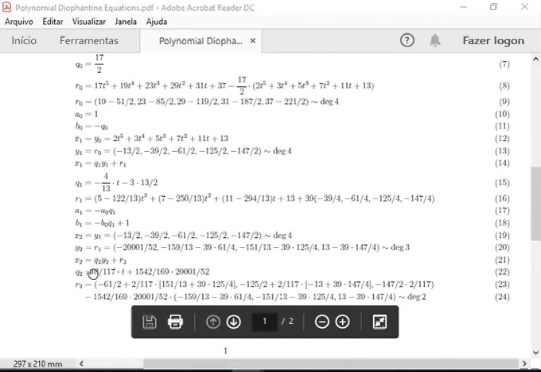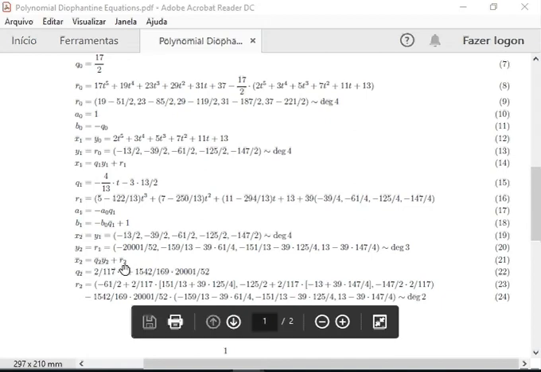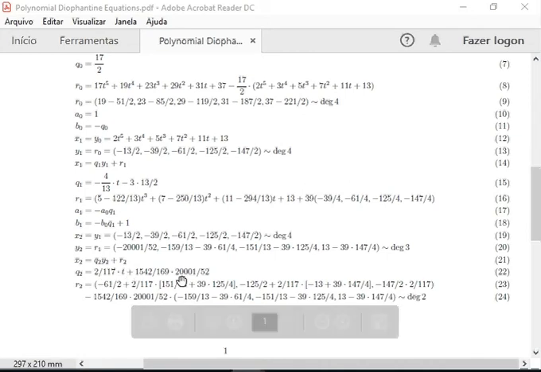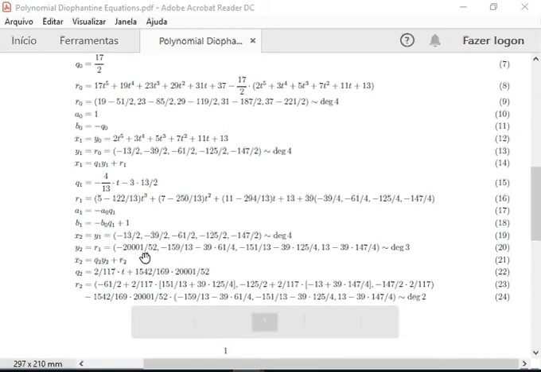Divide x2 by y2, giving quotient q2 and remainder r2. q2 is a constant times t plus another constant, dividing the leading coefficient by the leading coefficient of y.